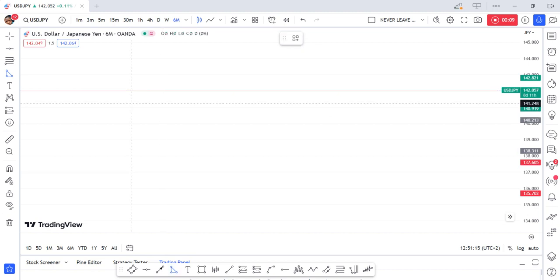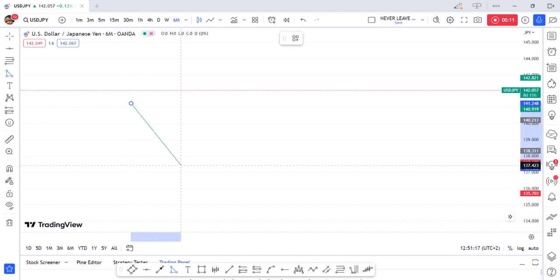Guys, now I'm going to be teaching you about reclaimed older blocks. You'll have to understand that in the market there's something called a reclaimed older block.